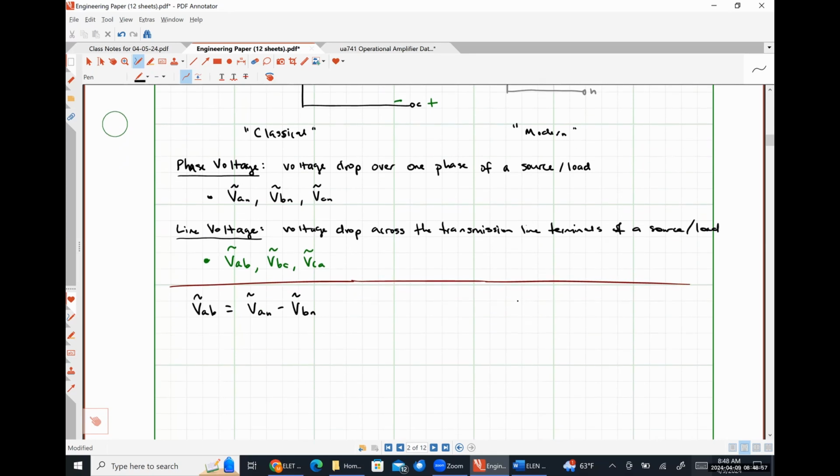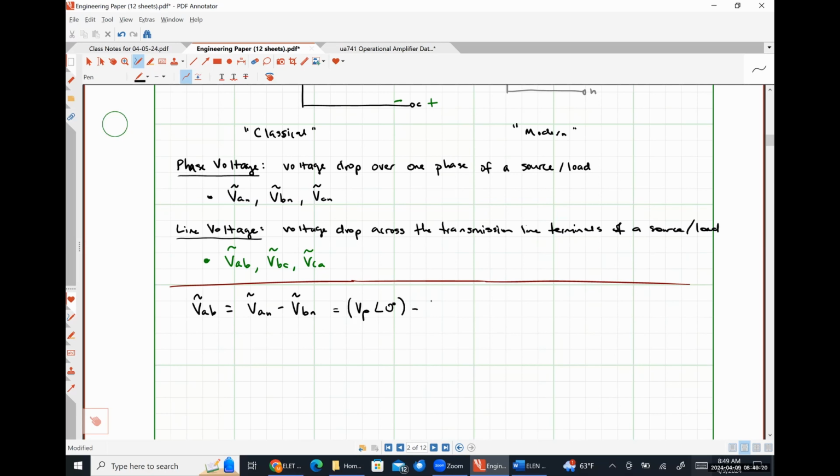We are going to stumble into a transformation here, but it'll be okay. So we know that VAN and VBN are related to each other, right? What I mean by that is VAN is VP angle 0 degrees nominally.